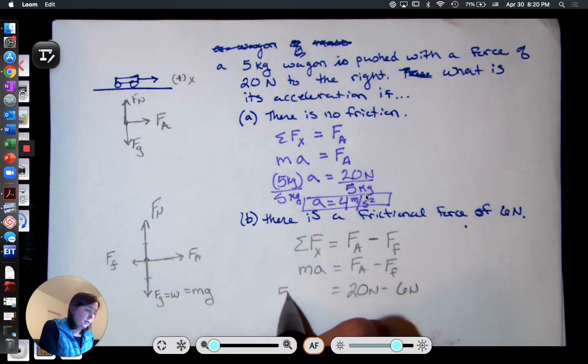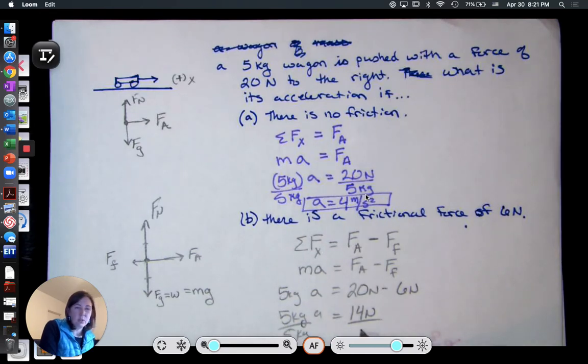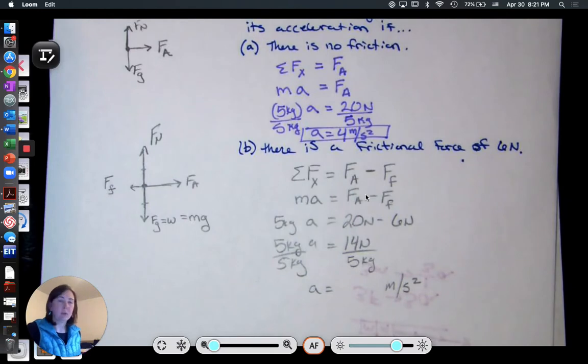Mass again is 5 kilograms. Acceleration, and so 20 minus 6 gives us 14 newtons divided by 5 kilograms, and that's something like 2.7, or maybe, I'm not sure. All right, so that is how you do these problems, and remember that's meters per second squared unit.